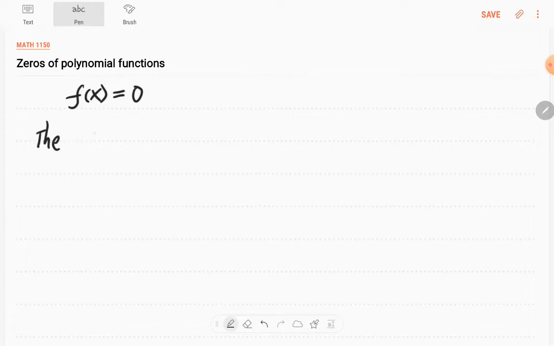The first one is called the fundamental theorem of algebra.